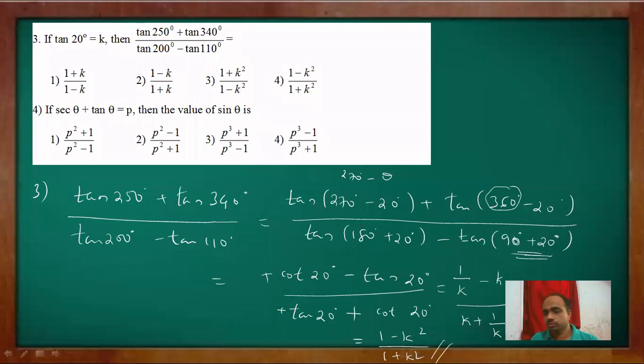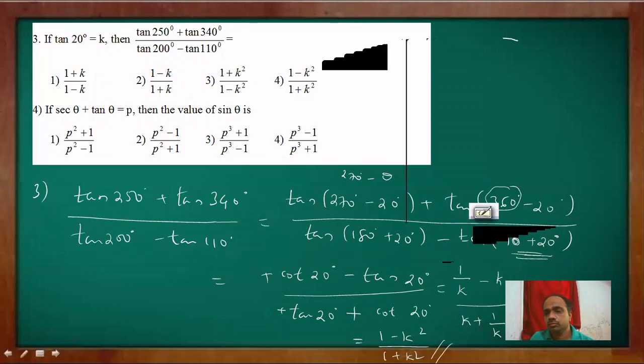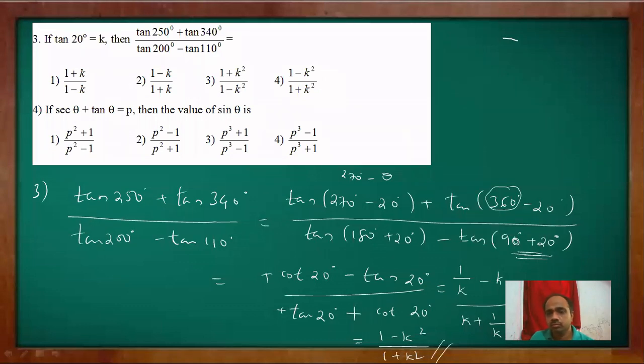Tell me the answer. Option 2, Balraj. Option 2 is saying, let us see. Option 2. Okay.